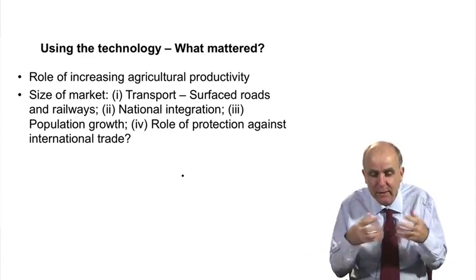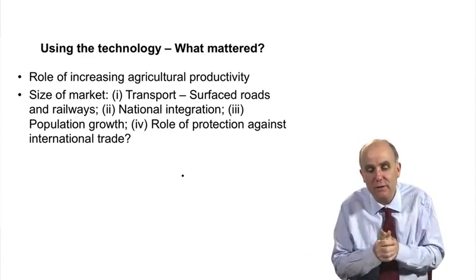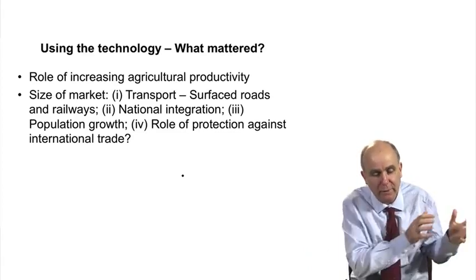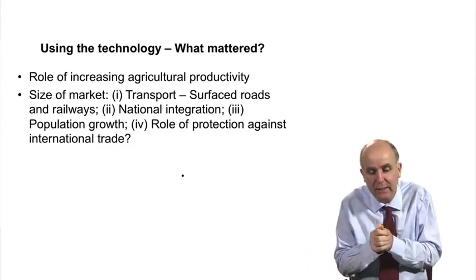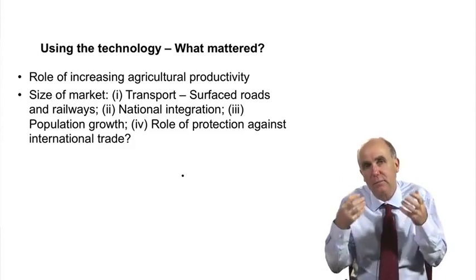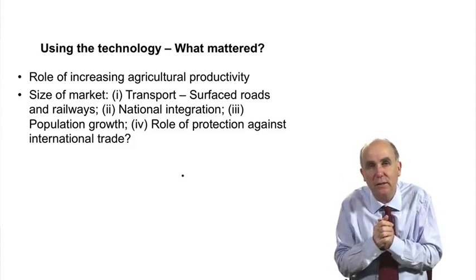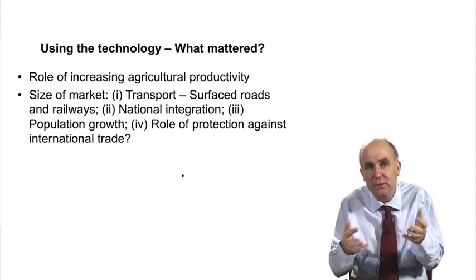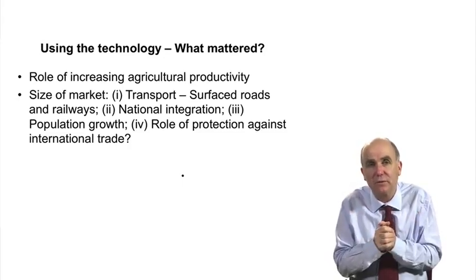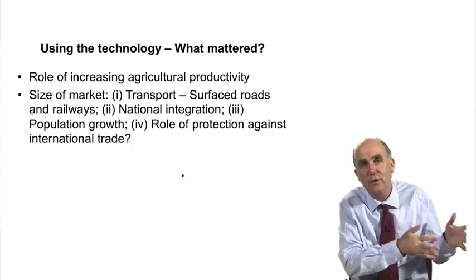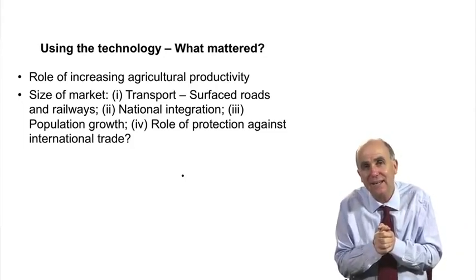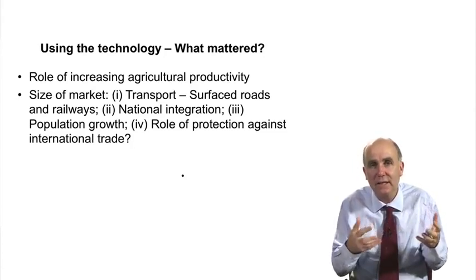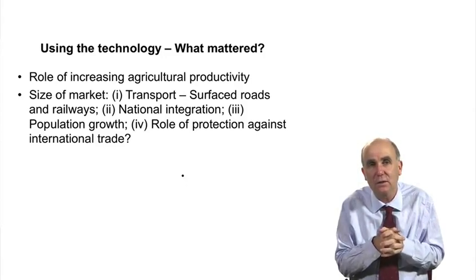The next theme I want to talk about in this period of the spread of industrialisation, having talked about how the technology got from Britain to the rest of Europe, is what determined the use of that technology. And here we'll see some themes that will be familiar to us from having thought about the Industrial Revolution in Britain. One point is that where industrialisation occurred most, or occurred most successfully, increasing agricultural productivity was important.